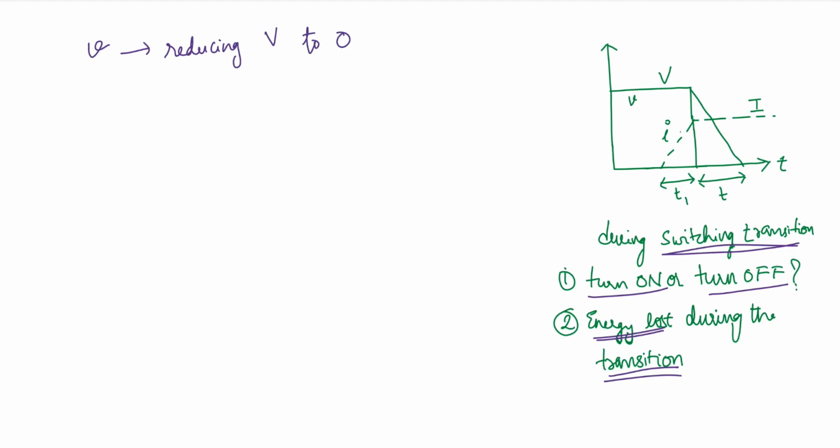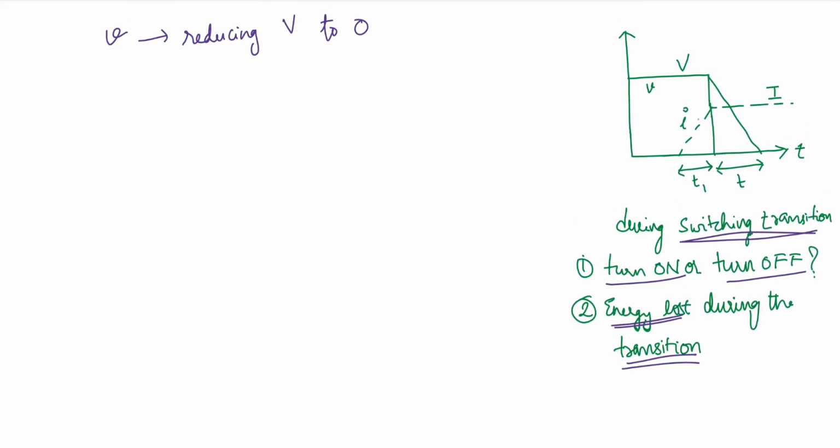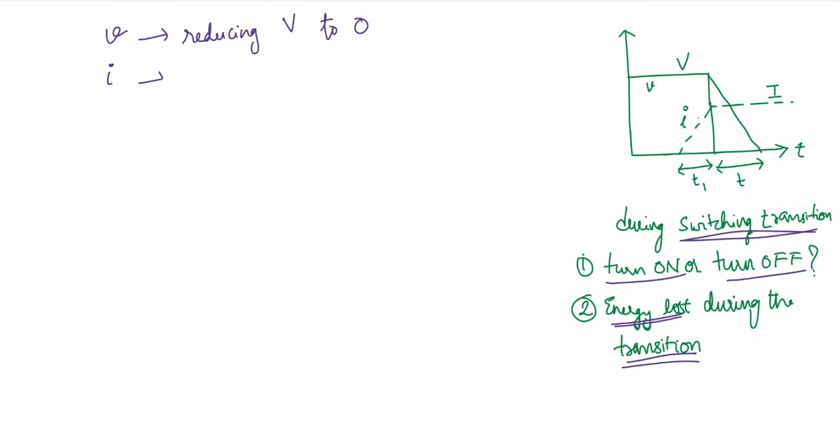So here itself you can say that it is a switching on transient. And also the current I is increasing from 0 to a constant value capital I.